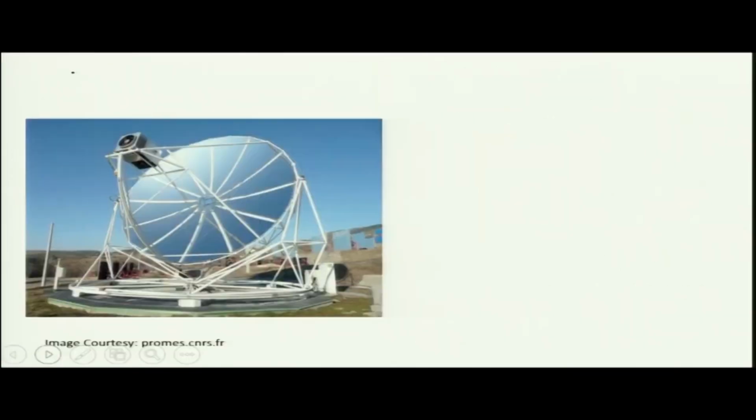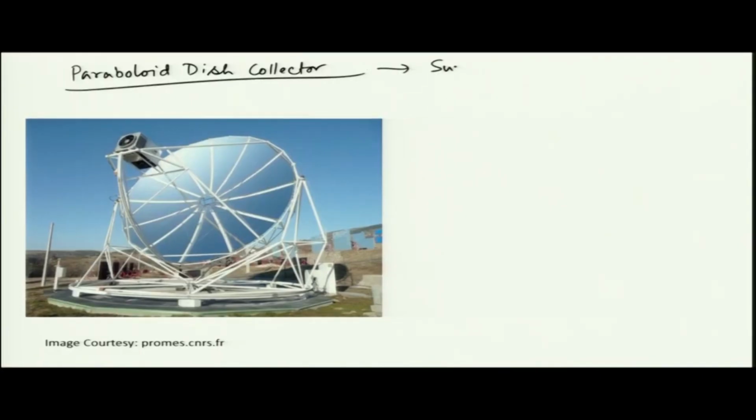The most common is called the paraboloid dish collector, where we are using a surface of revolution, and the line that we are revolving is a parabola, or rather part of a parabola.